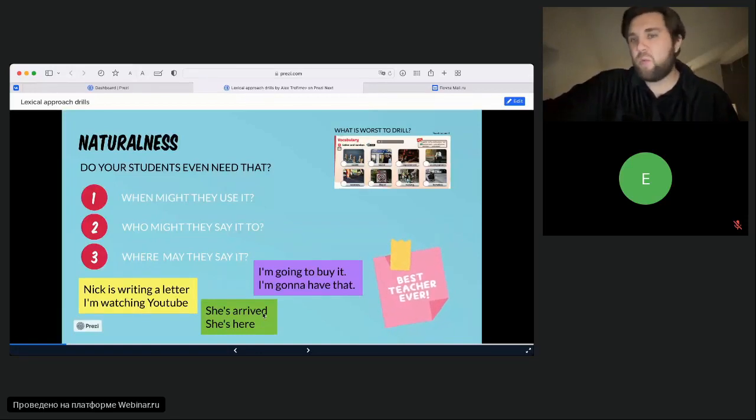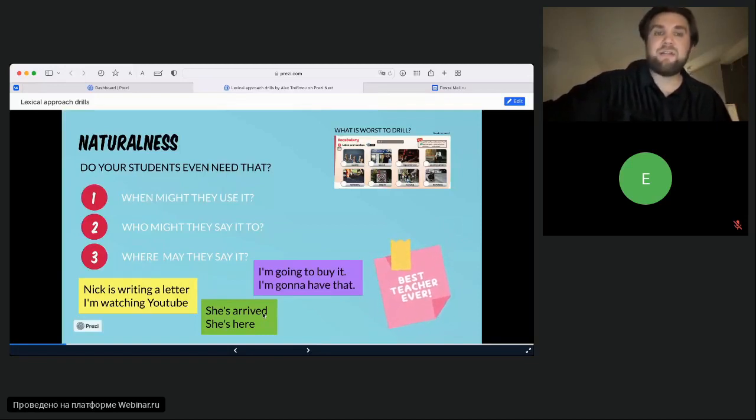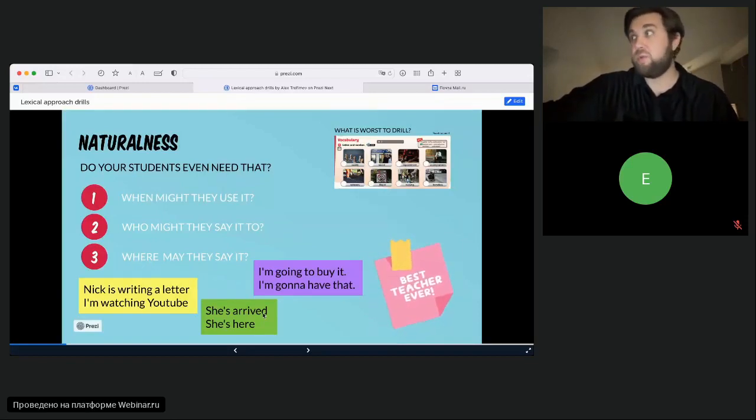So this is one of my favorite examples that every book teaches: "I'm going to buy it." Of course, we realize that they're teaching the standard language, which is on TV and so on. But really, rarely can you find examples with "gonna," which is much more frequent than "going to," if you listen to native speakers, of course.